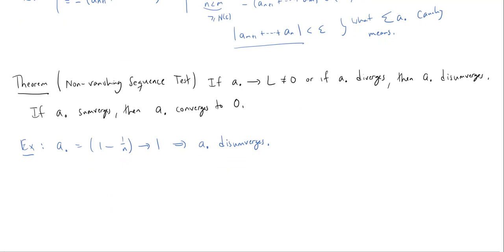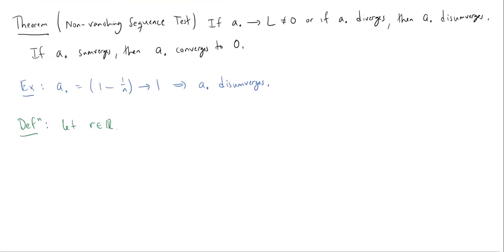Okay, next one. This is a very specific type of test. That is, you're looking at a specific type of series. So in order to write it down, let's first do a definition. So let r be a real number. So I can write down a sequence based on this real number.